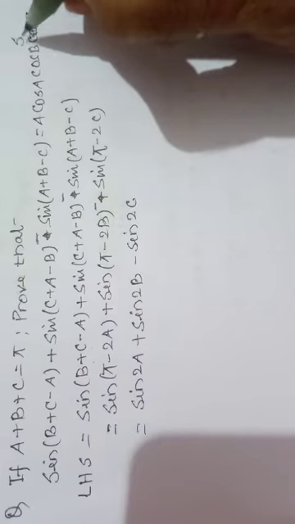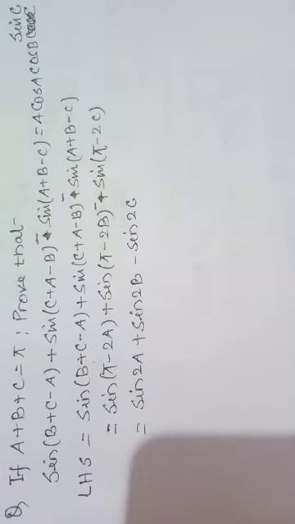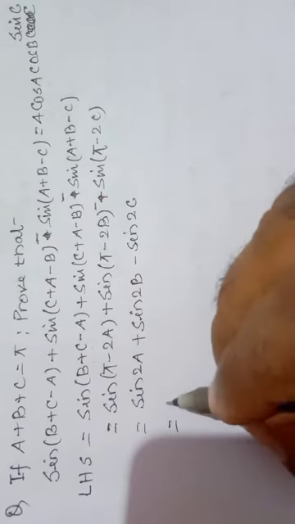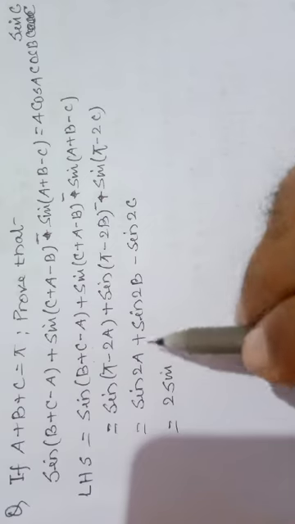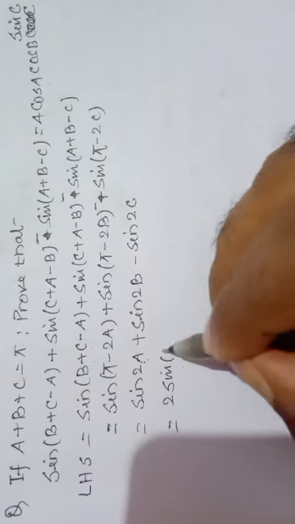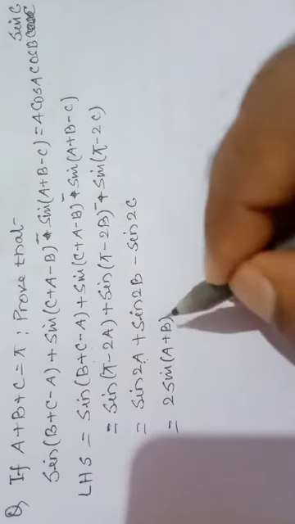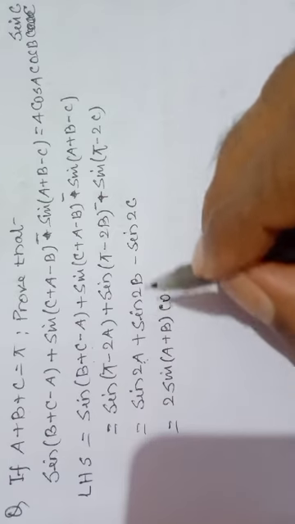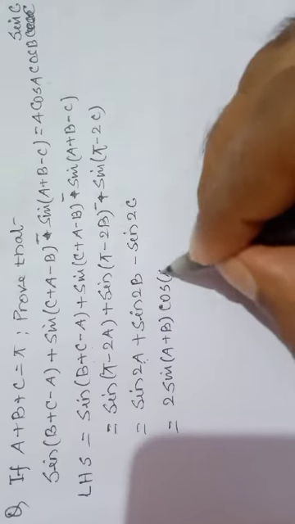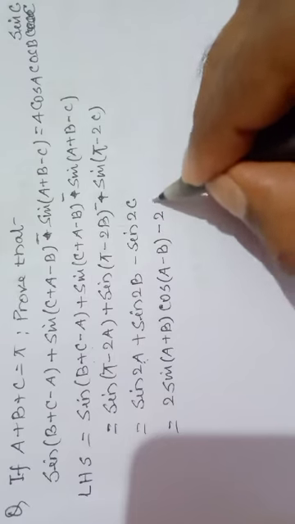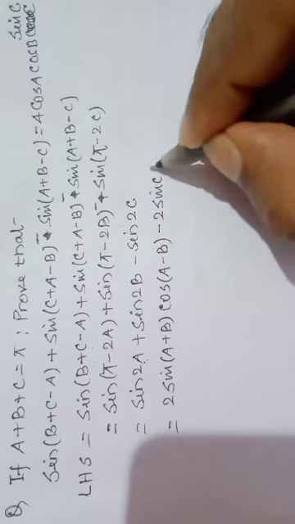This is not cos C, this is sin C: 4 cos A cos B sin C. Now sin C plus sin D should be 2 sin((C plus D) by 2) cos((C minus D) by 2). So 2 sin((2A plus 2B) by 2), 2 is common, A plus B into cos((2A minus 2B) by 2), which means A minus B. And this should be written as 2 sin C into cos C.